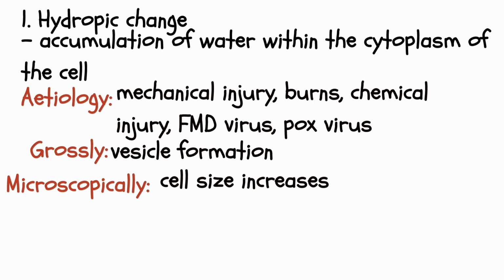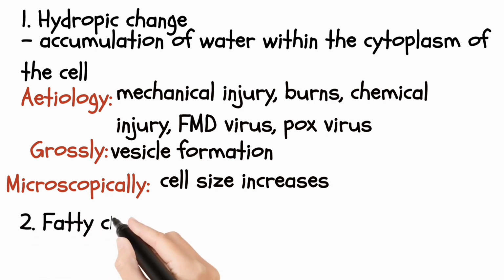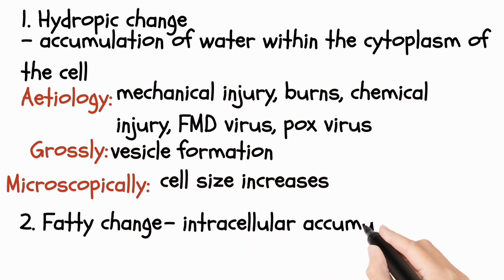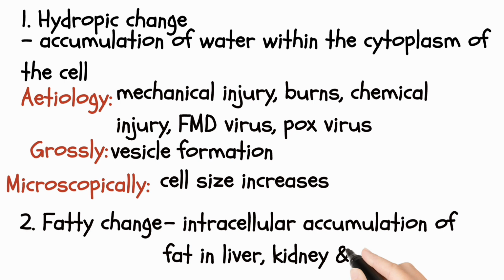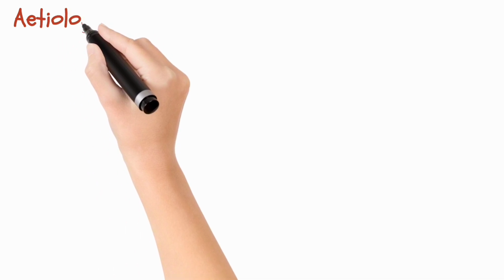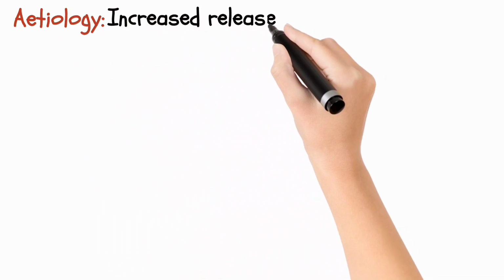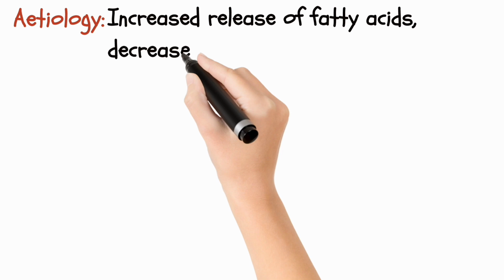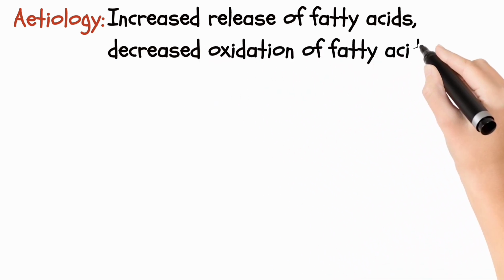The next morphologic form we'll be looking at is fatty change. Fatty change simply means the accumulation of fat in the intracellular space of either the liver, kidney, or heart. Etiology: it is caused mainly by increased release of fatty acids and decreased oxidation of fatty acids.